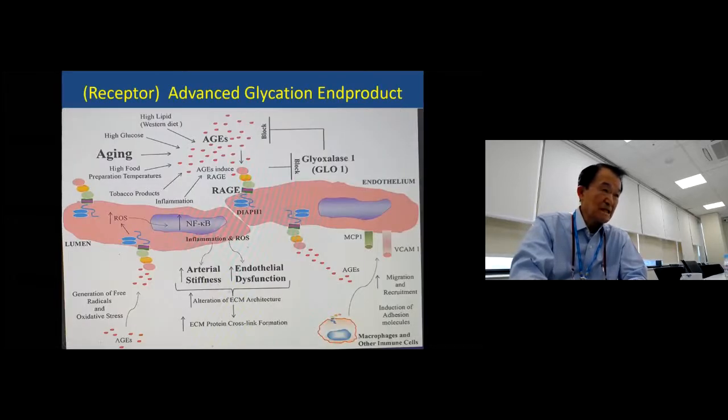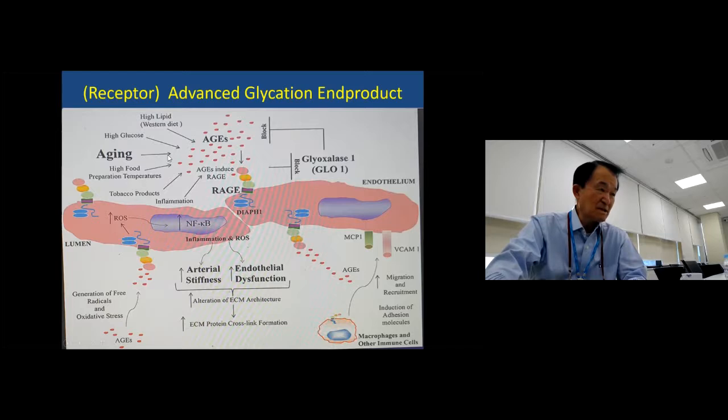So the glycation, this aging process, similar to inflammation or cancer, all contribute. But the gene is mainly NF-kappa B. So it will make inflammation and arterial stiffness, and reactive oxygen species make endothelial dysfunction and other things.